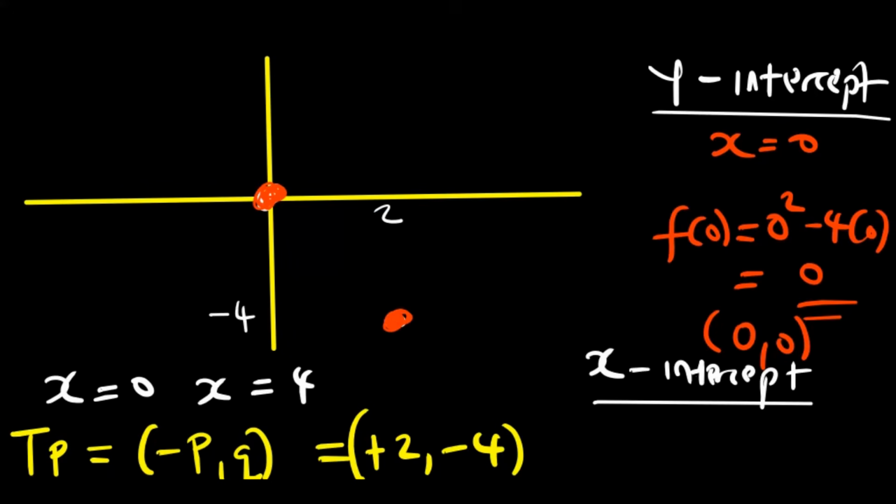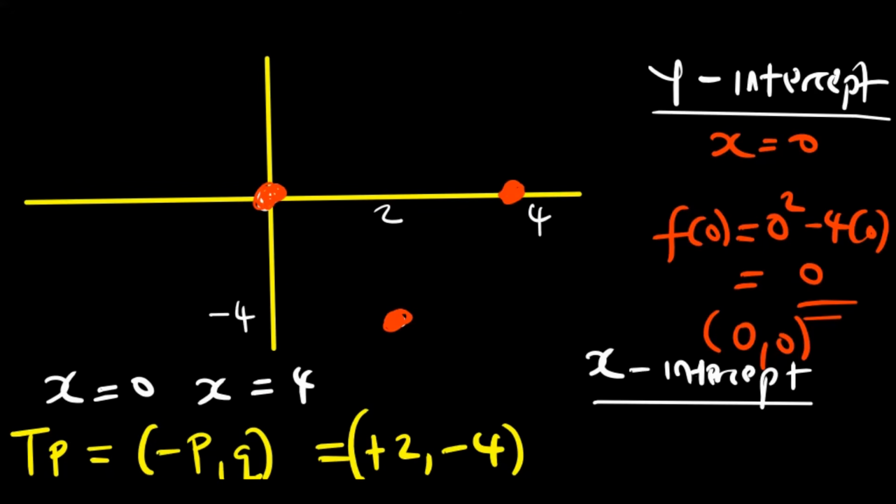Then what other point do we have? This graph is cutting the x-axis at 0, which we've already shown. It is also cutting it at 4. We can put 4 somewhere here. That's where our 4 is.